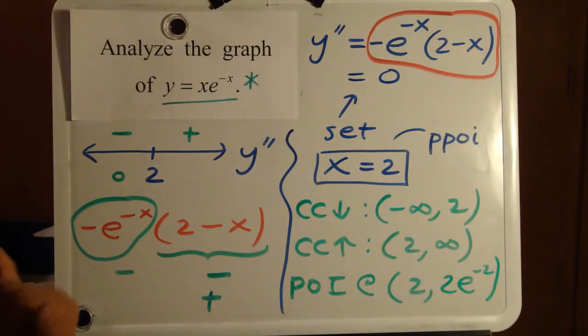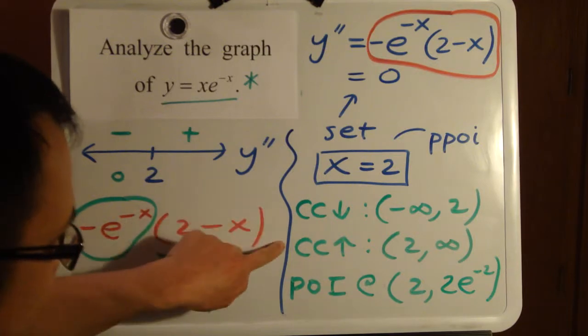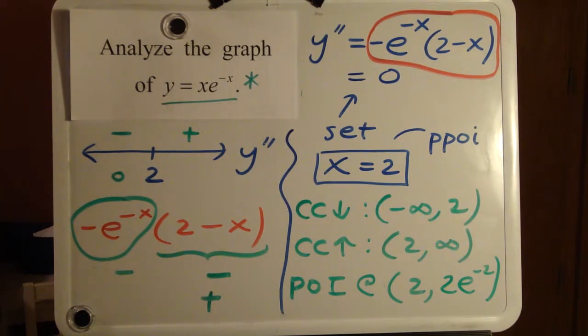And so that looks like the full analysis of y prime and y double prime. So we have all the information about the way the curve bends here, and then we also have an inflection point.